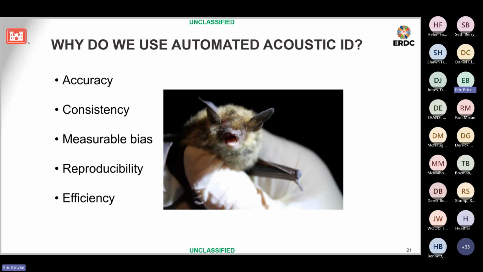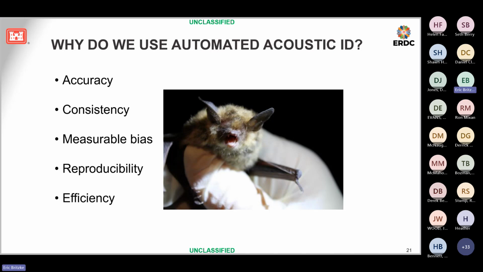So why do we do this? We talked about accuracy. Generally pretty good. Again, there are some things we'll talk about later. Consistency is a big deal. It doesn't matter if you're identifying things for the first time, first calls of the year or the last ones.